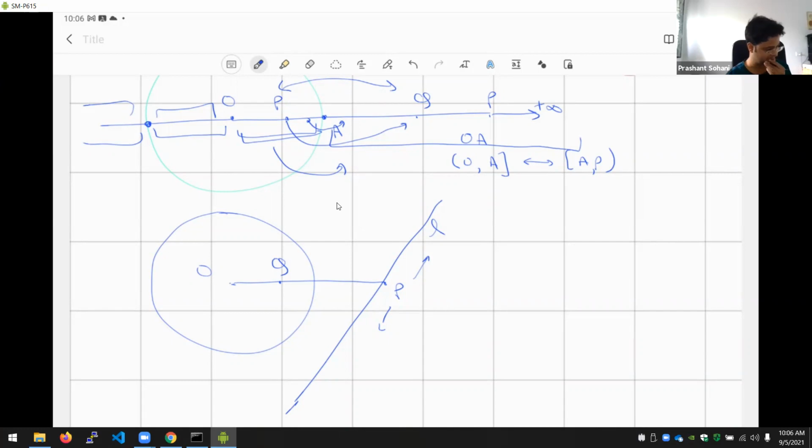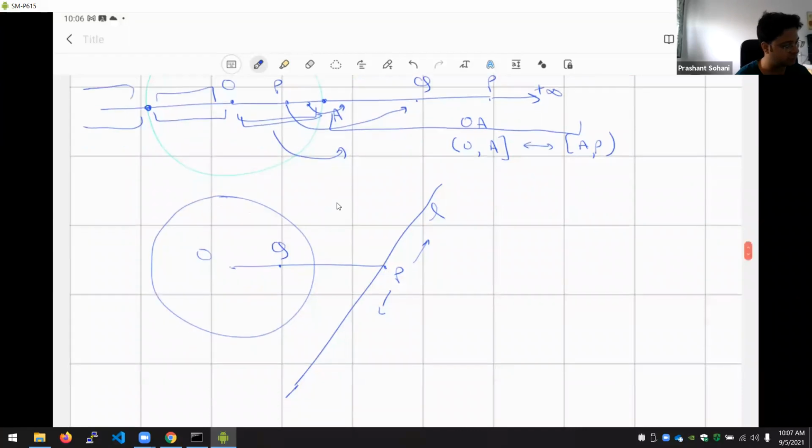Which four points? The inverses of the other points. So if we have P1, P2, P3, P4 and their inverses Q1, Q2, Q3, Q4, then all those four Qi are concyclic. Is there any other way of saying what that circle is? The circle also passes through O. Circle also passes through O, correct.